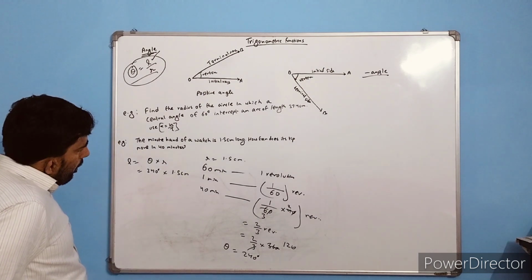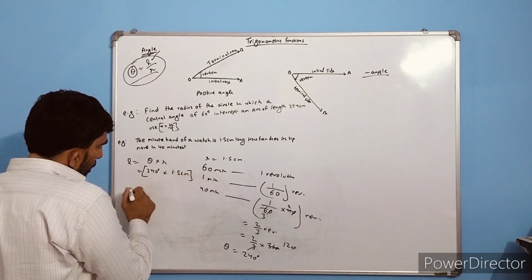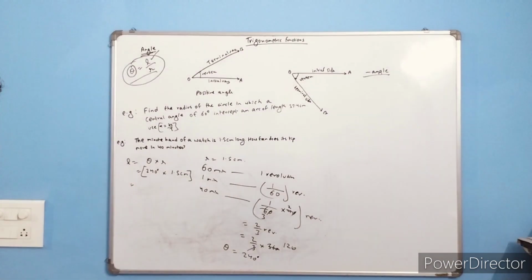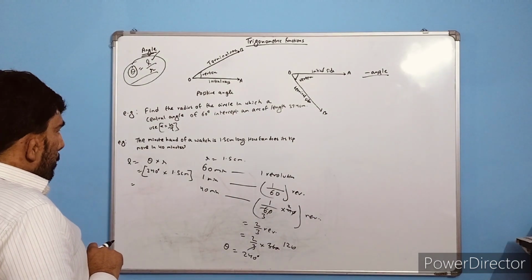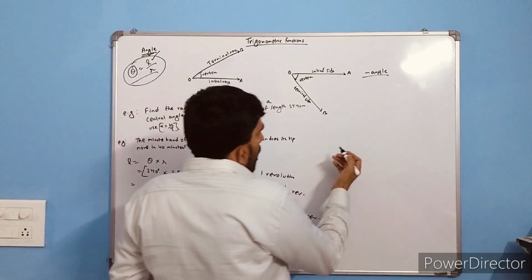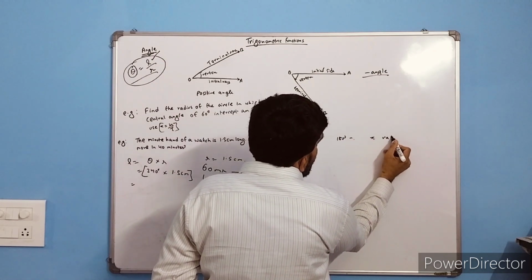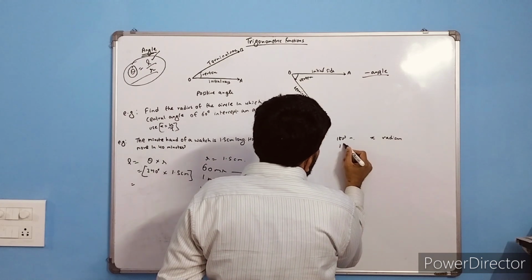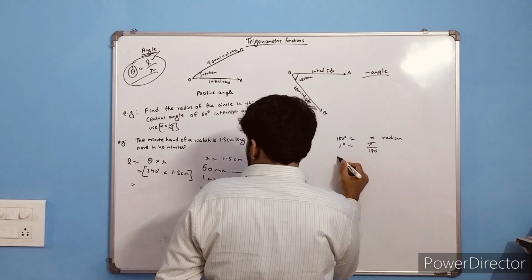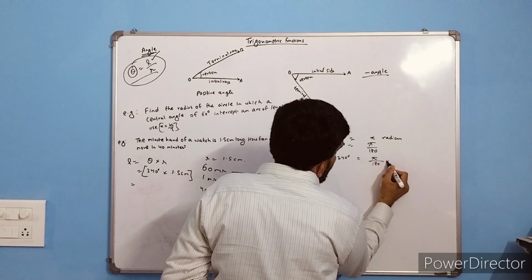We found that theta is 240 degrees. Now we can calculate, but we need to write the 240 degrees in terms of pi. We know 180 degrees is equal to pi radians, so 1 degree is equal to pi upon 180, and 240 degrees is equal to pi upon 180 into 240.